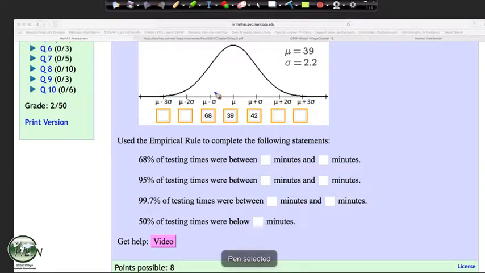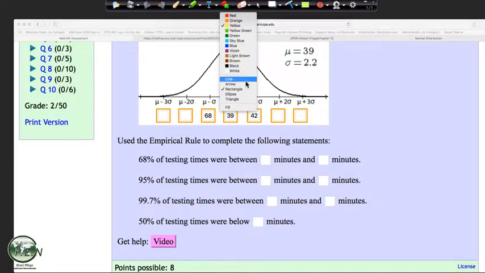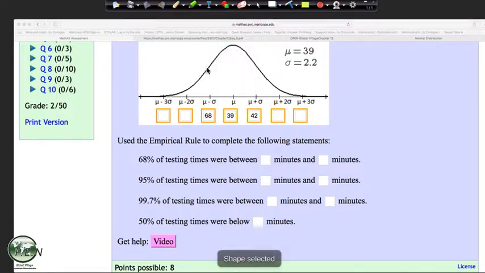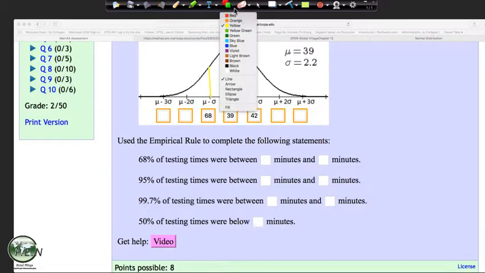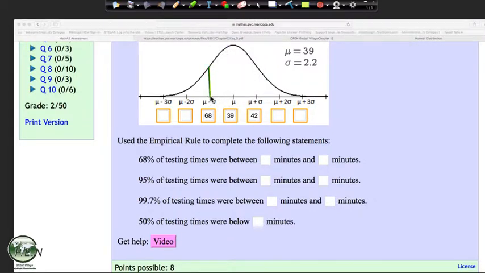So let's see if I can. Oh, there is a way. I figured out I can draw straight lines right here. So I'm going to draw a line from here to here, but yellow doesn't work very well, does it? No. Let's go with dark green. Draw a line from here to here, and from here to here. So the 68% is the part in the middle.